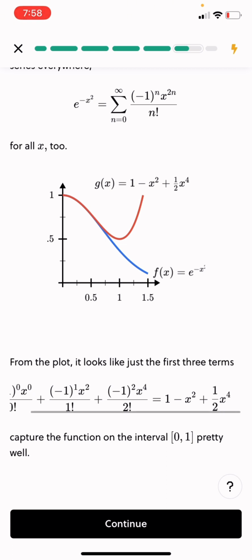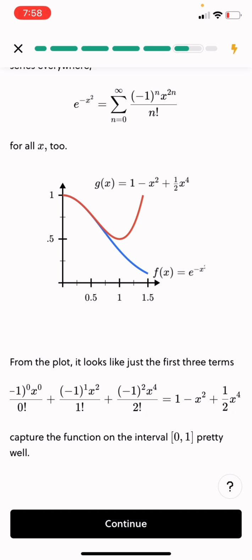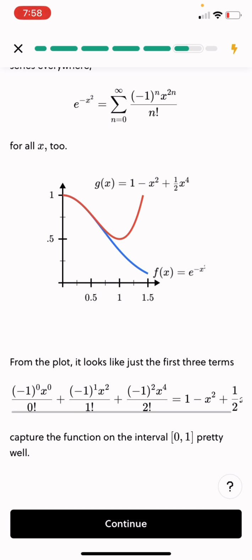It almost seems like a pattern: 1 minus x^2 plus 1/2 x^4. We can see it's a pattern. It seems like the power of negative 1 increases by 1 and the factorial increases by 1, while x's power increases by 2.